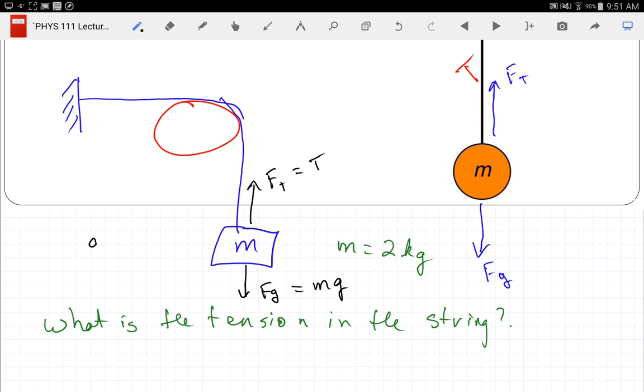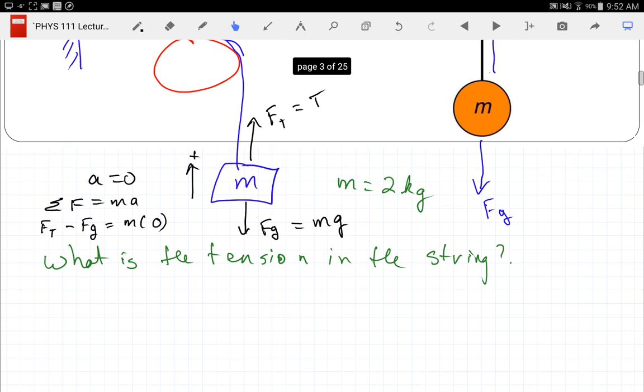Because the acceleration is 0, sum of the forces is equal to mass times acceleration. So if I just look in the vertical direction here, I'll consider up positive. The sum of the forces would be force of tension minus force of gravity equals mass times 0. Which then gives me the answer for what the tension is.